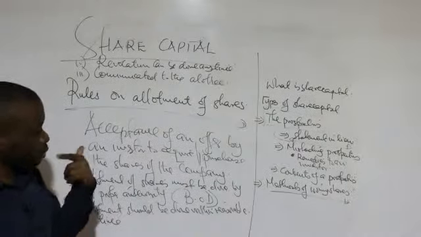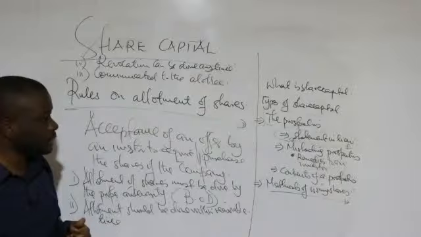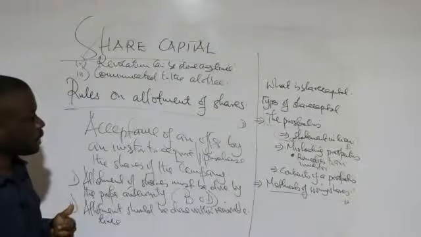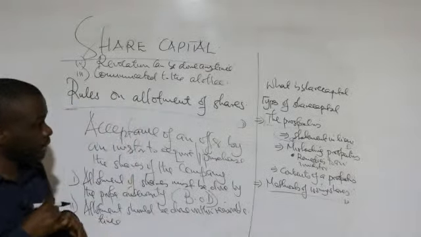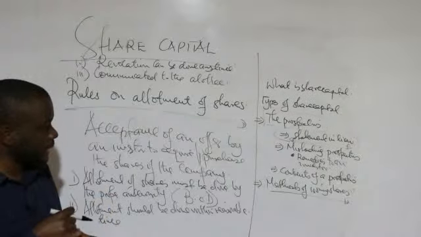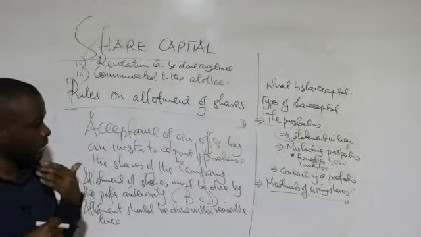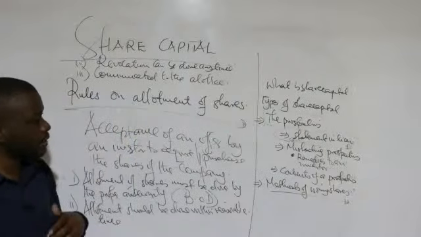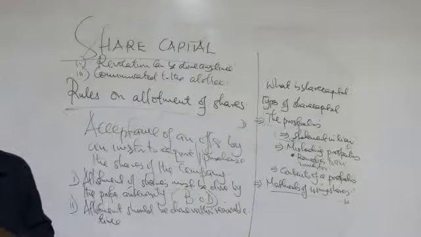Once the letter is posted, even if the investor has not received it, if they can provide evidence that they allotted the shares by sending a letter via post, that is seen as acceptance, and there is a contract between the investor and the company for the purchase of the shares. The investor receiving the letter is not necessary. The key thing is that the letter has already been sent out.